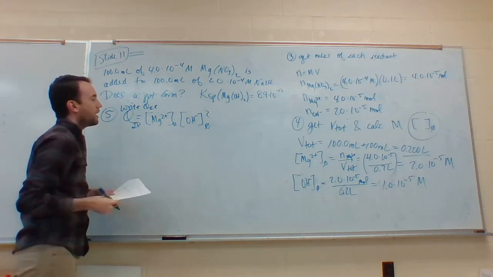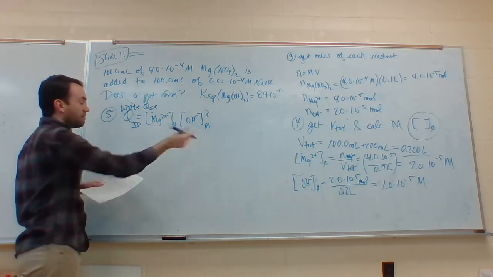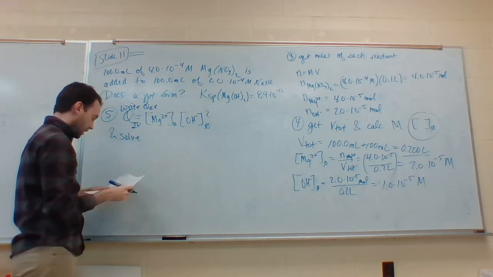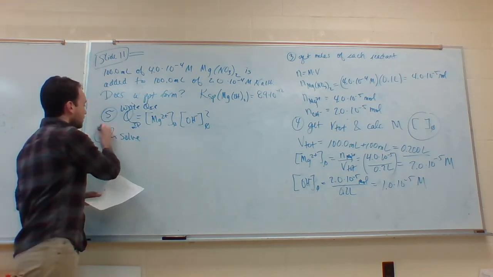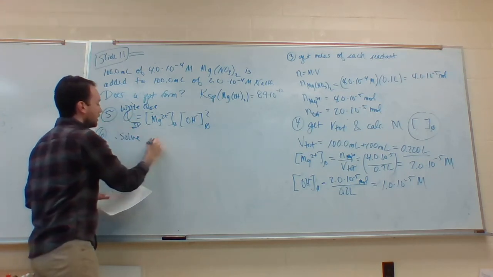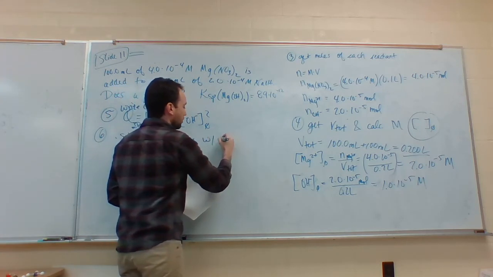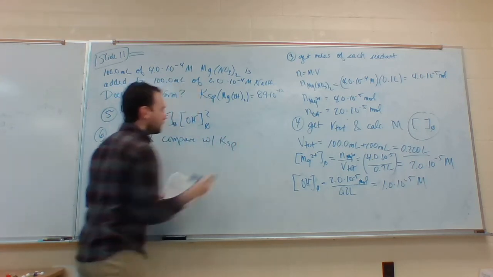Now my ion product is equal to this, and then I can evaluate. So step 6 is going to be to solve and compare with my Ksp.